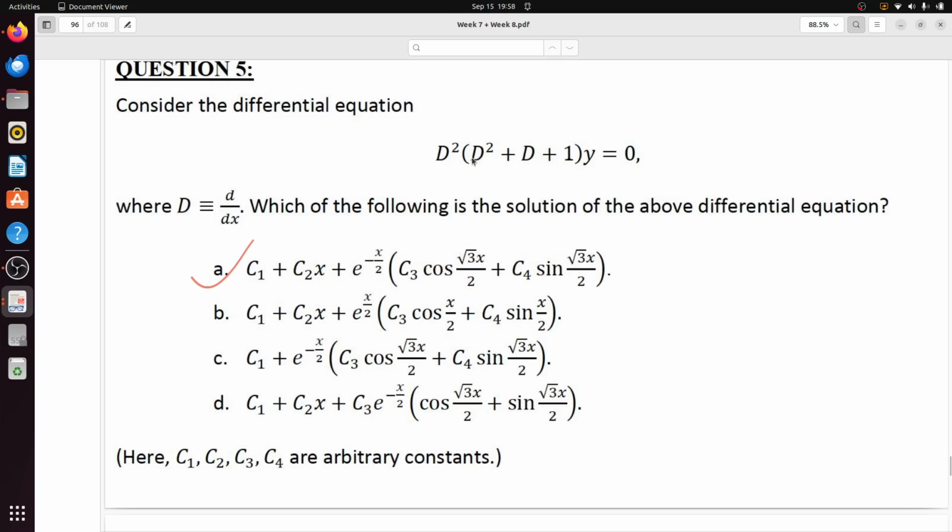For m square equal to 0 you will get m equal to 0, and so you will get just c1 plus c2x, because e to the power 0x will give you 1. And next, plus your conjugate roots will be minus half plus minus square root of 3 by 2, when you solve m square plus m plus 1 equal to 0.